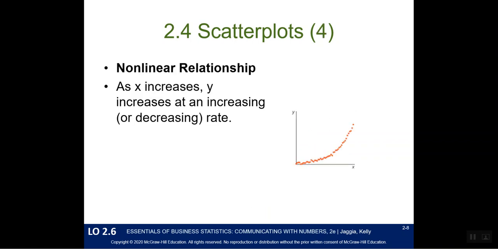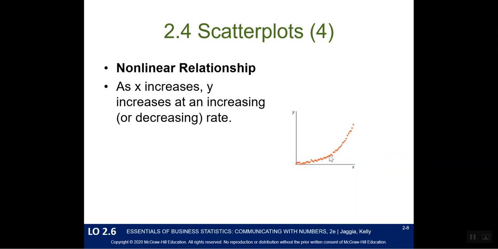So a nonlinear relationship can tell us that there's still a relationship between the two, but it's not increasing or decreasing at a consistent rate. The reason that this is a nonlinear relationship is because, if you can see my cursor here, notice how it's curved. It's not a straight line, it's curved.